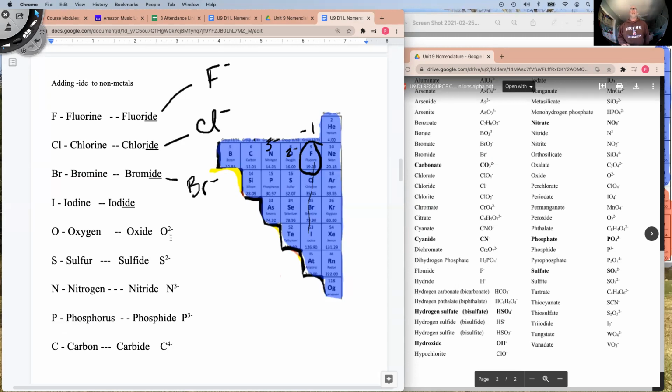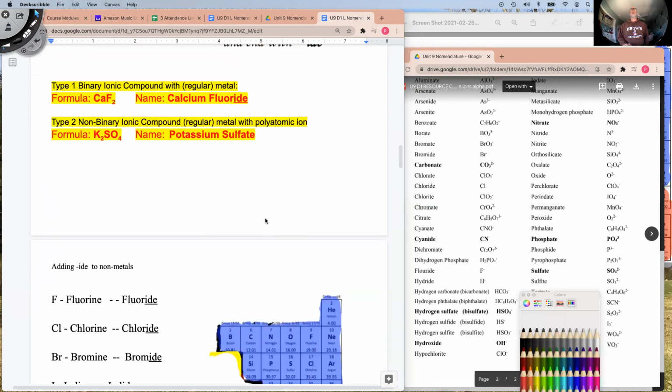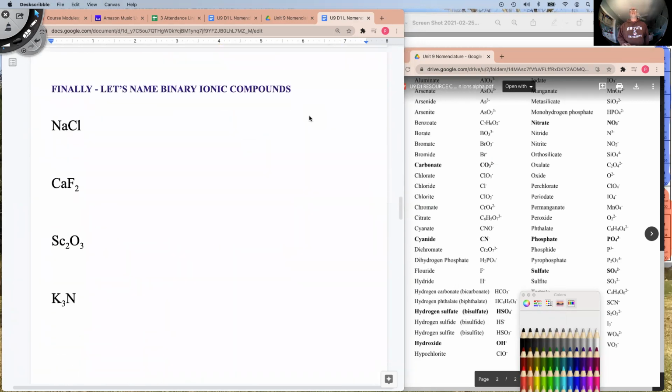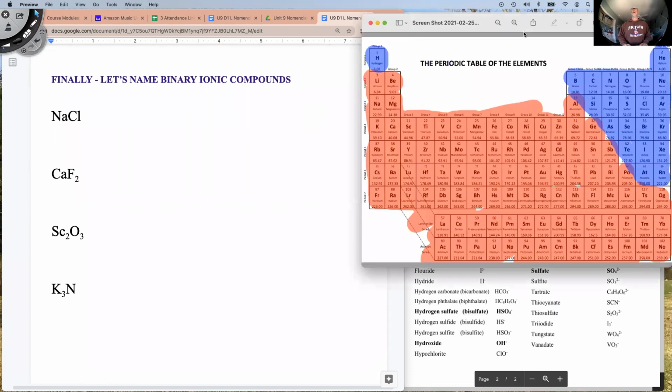Iron oxide means there's oxygen in it and there's a charge. So all of these ides mean it's a charged particle. All right. So nonmetals end with ide. All right. Now, finally, 25 minutes into the lecture, let's get to naming ionic compounds.